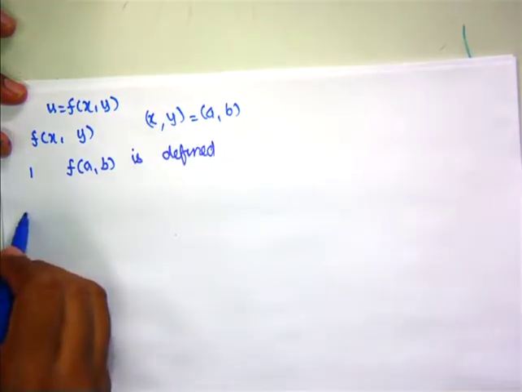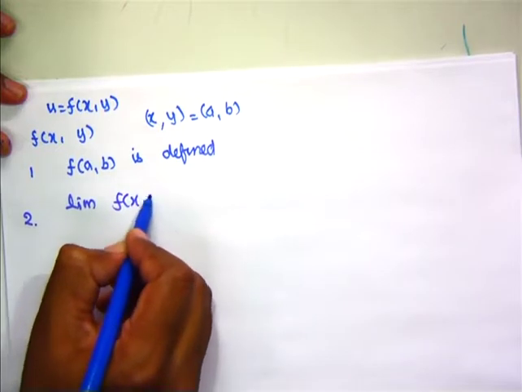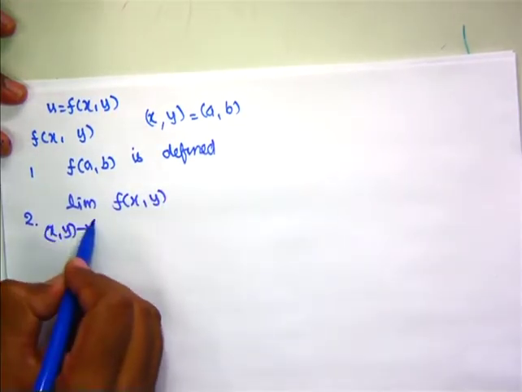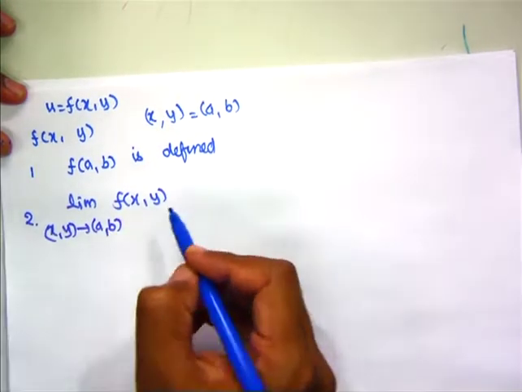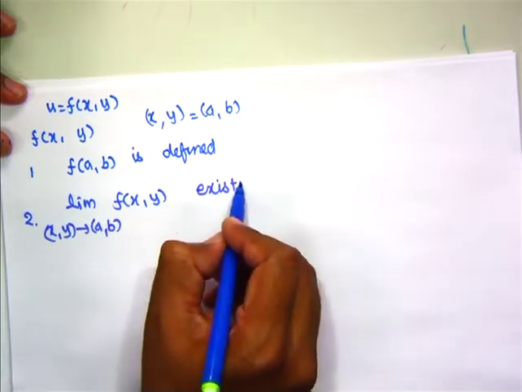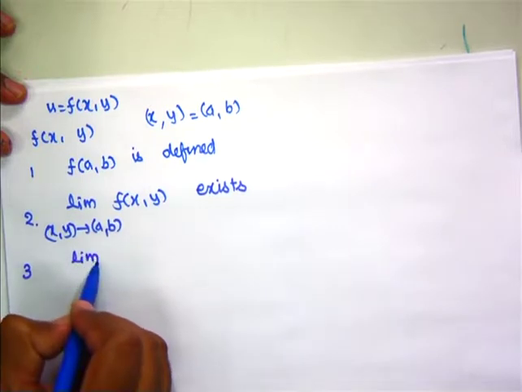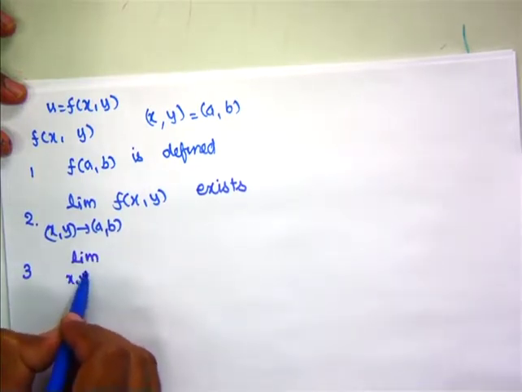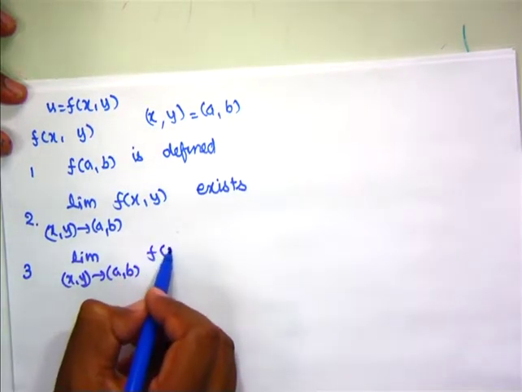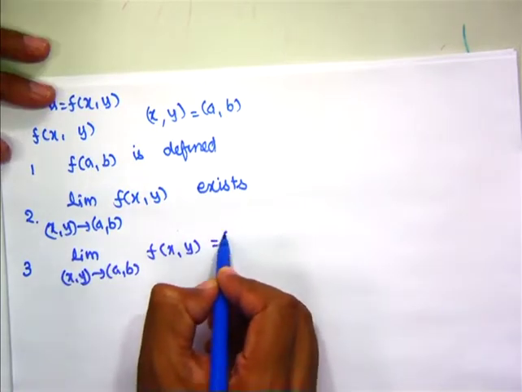Second, the limit of the function f(x, y) at the point (a, b) exists and is finite. And third, the limit of the function is the value of the function. So these are the ideas we discussed last time.